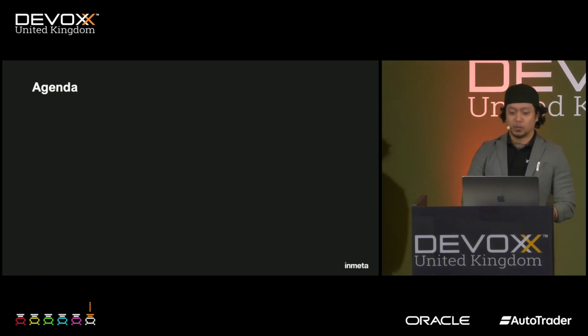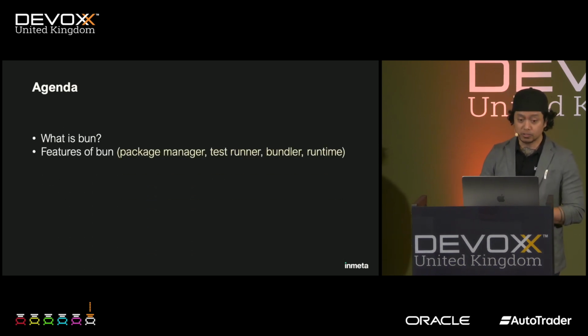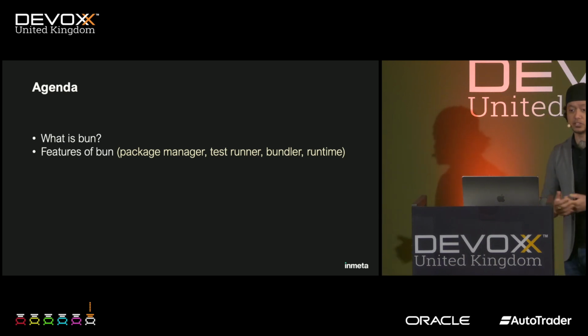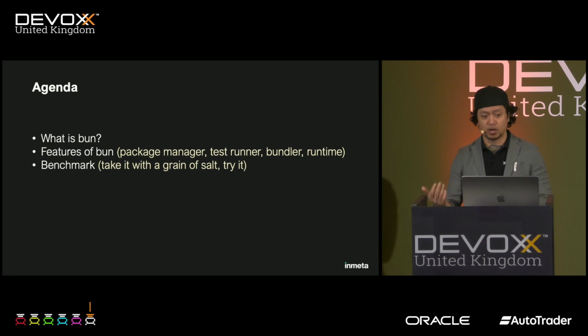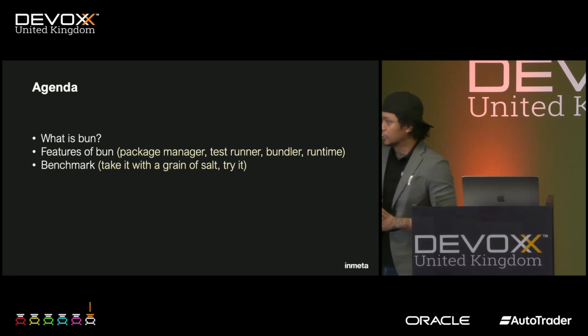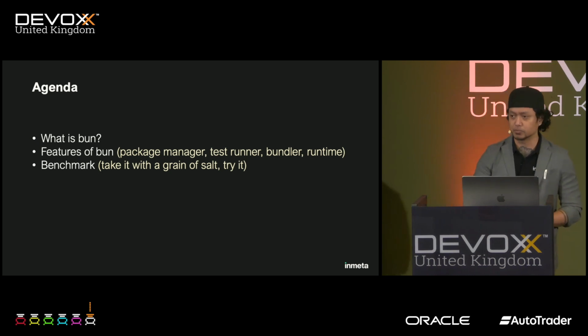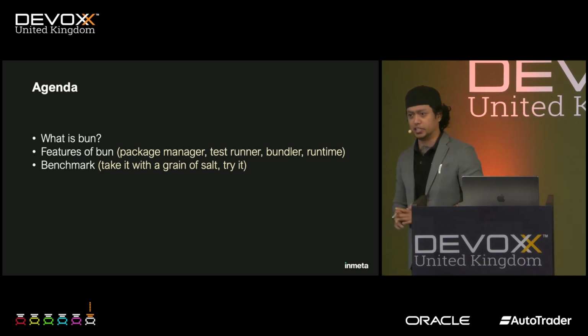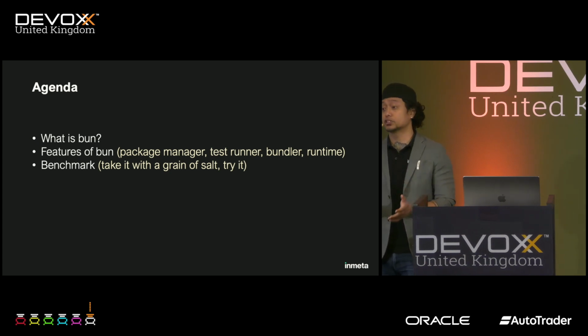So what's the agenda? What is Bun? This is just a quick rundown: features of Bun, like package manager, test runner, bundler, runtime, benchmark. And here I have a little warning: take it with a grain of salt. Try it on your own, because sometimes there is bias in benchmarking, but it's good to see it for yourself.